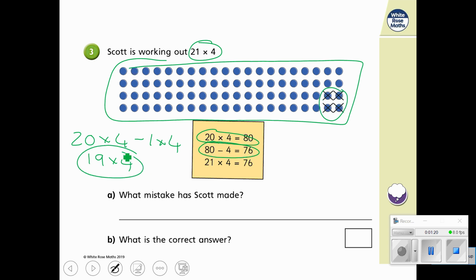We want 21 times 4, so we needed 20 times 4, add 1 times 4. So what Scott actually needs to do is to draw 4 counters onto the end of the row. We know that 80 add 4 is 84, which would be our correct answer. So here, where it says what mistake has Scott made, he has taken away 4 instead of added.